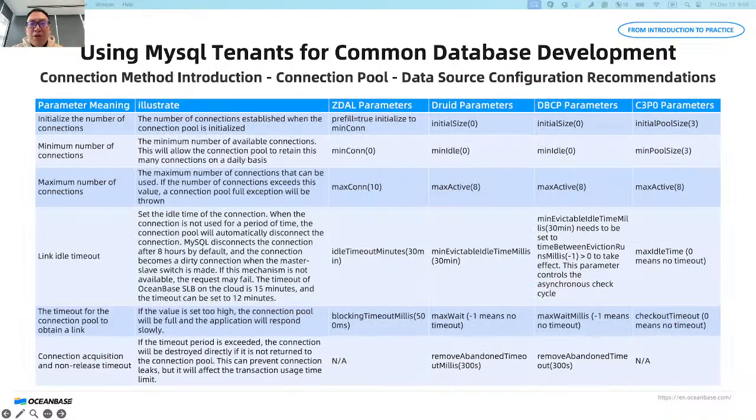Next, we will introduce the data source configuration of the connection pool. The parameters here include ZDAL, Druid, DBCP, and others. You can view this part on your own. We will not introduce it in detail.